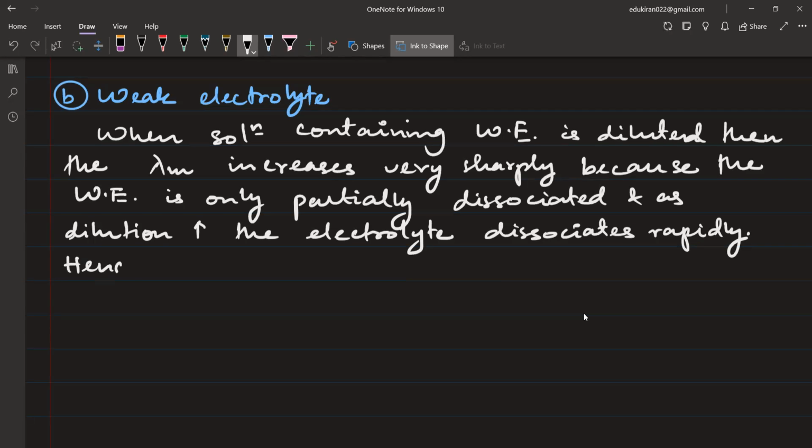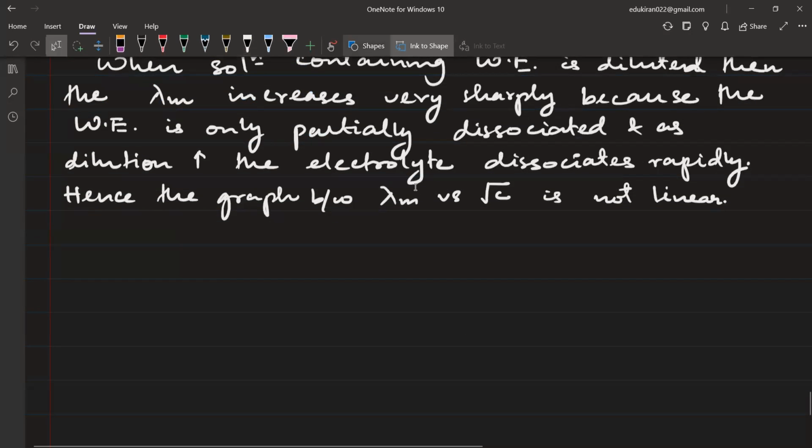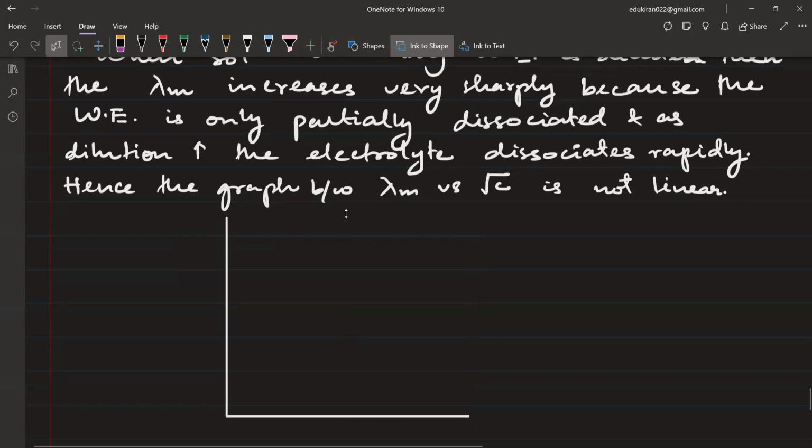Hence, the graph between molar conductivity versus the root of concentration is not linear. So here we have lambda m. Here we have the root of concentration.